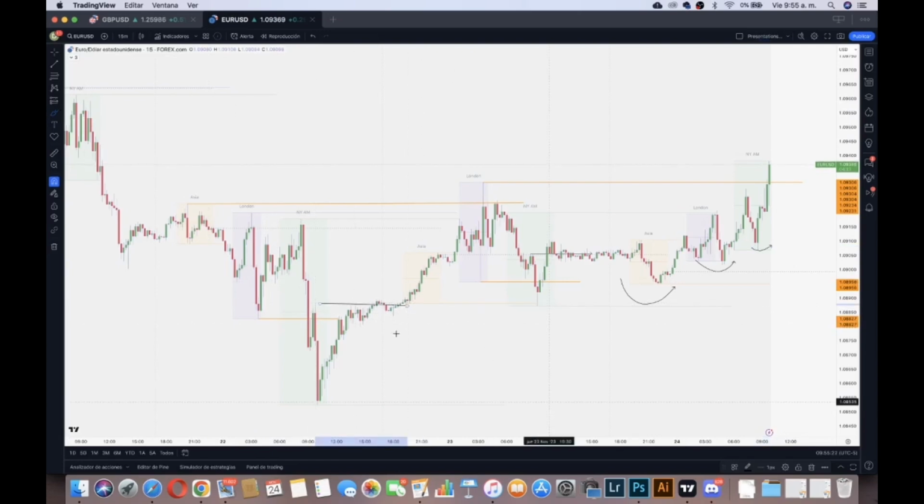After that, we had what is known as a break of structure, but as you can see here, this was not a change in the structure. This was a capture of liquidity. That's why it's important to know where the liquidity is in the form of sessions or days or weeks.